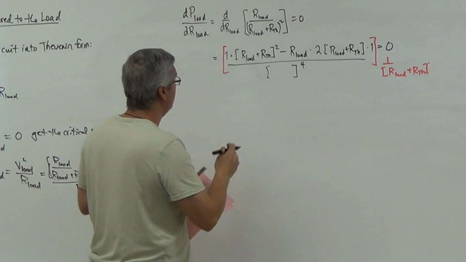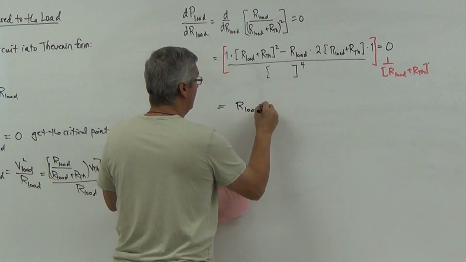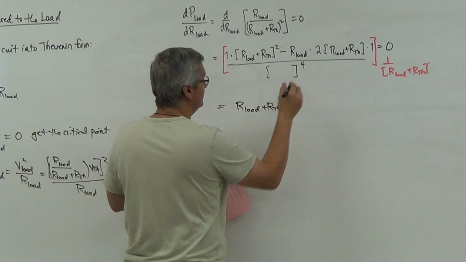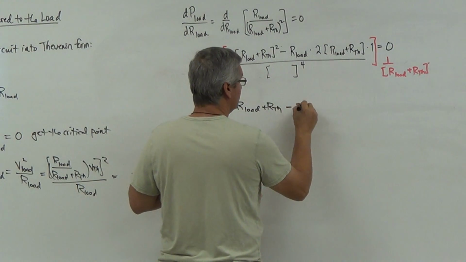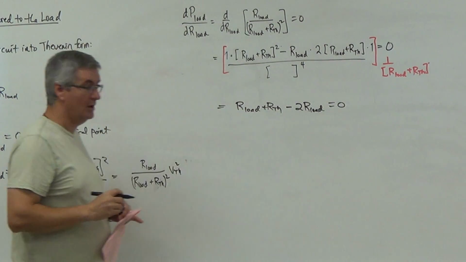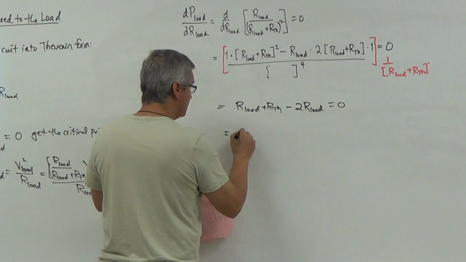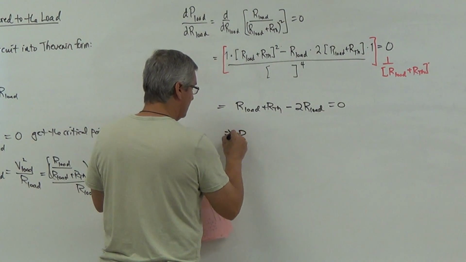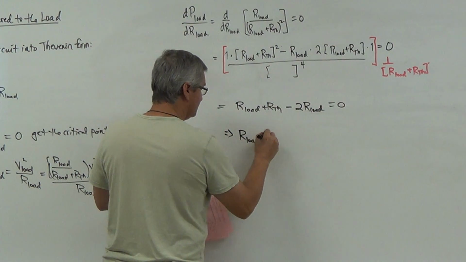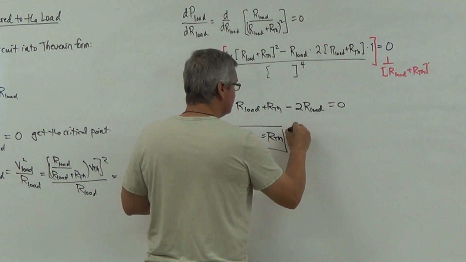What I get at the end is R load plus RTH minus 2 times R load, which is equal to 0. You can see right away that the critical point is that R load must be RTH.